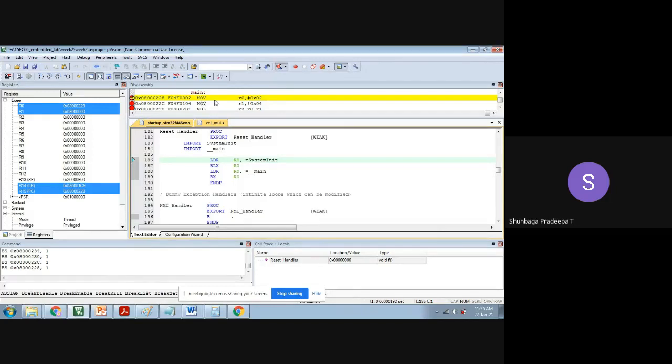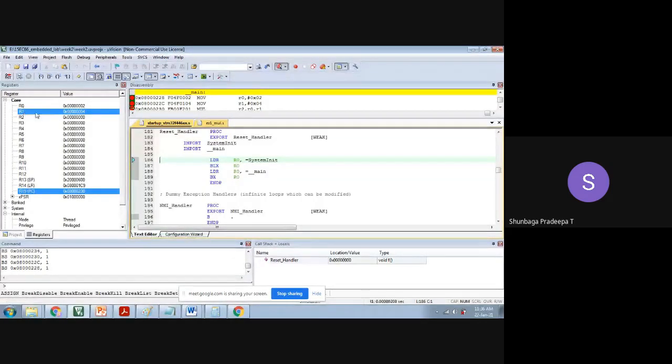So the first instruction is move R0, 2. When we run, your R0 register is updated with the value 2. Next, R1 has to be moved with the value 4. So I'm running. Now R0 and R1 are moved with the hex values 2 and 4.